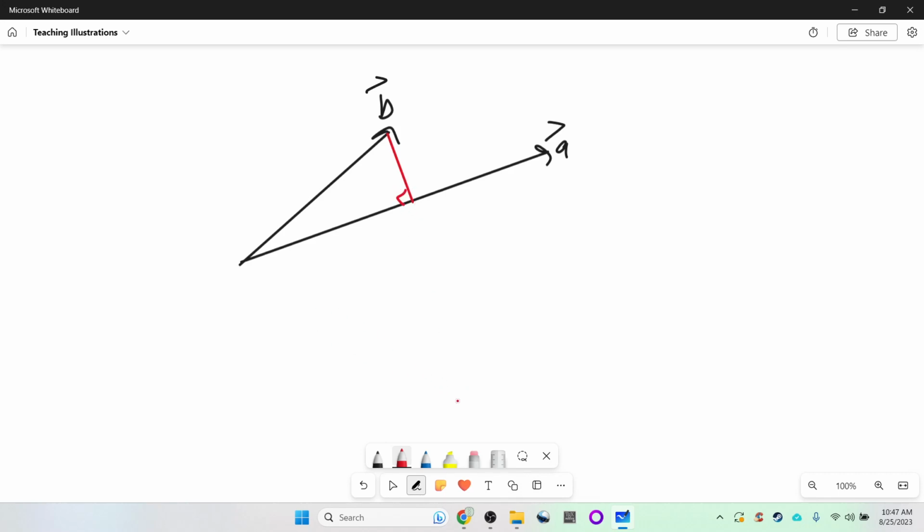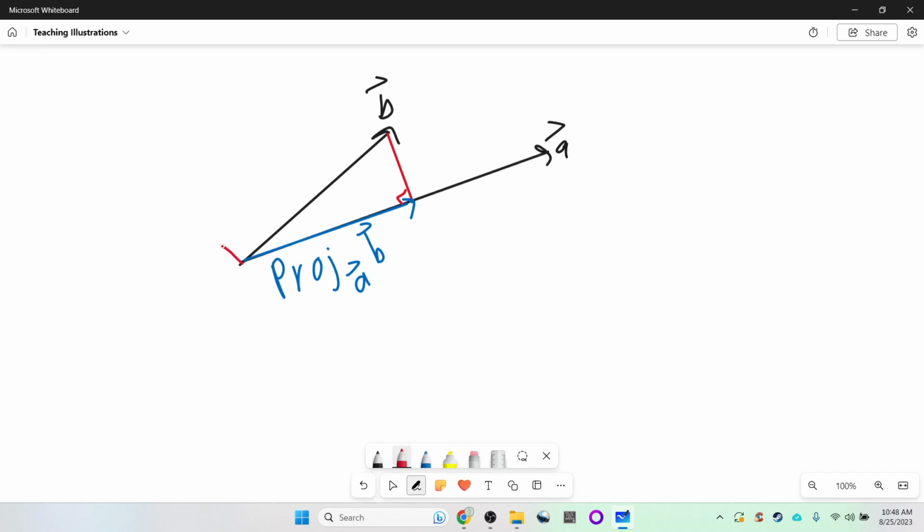So this vector here that stops right at this point is written as the projection of B onto A. Because B here could be split into two pieces: the piece that goes along with A, and then this other piece, perpendicular.